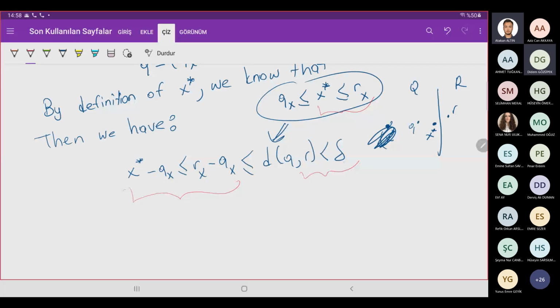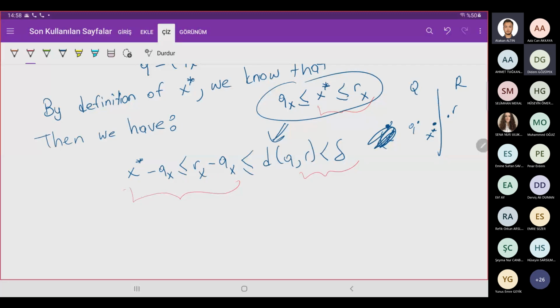This is given, because we said suppose that such Q and R exist, and the statement of the lemma, please check your notes, says that there exist Q in Q and R for which the distance between them is less than delta.